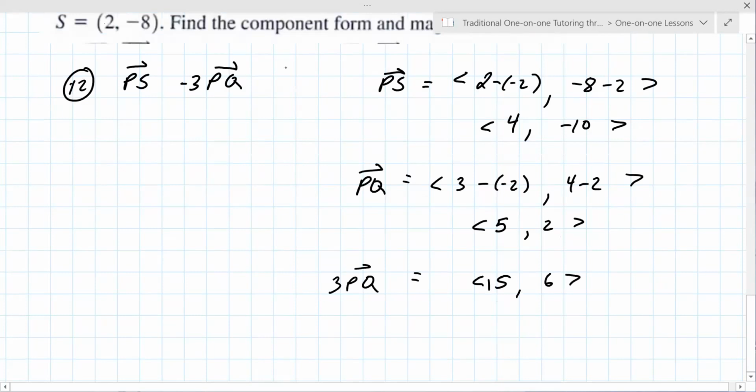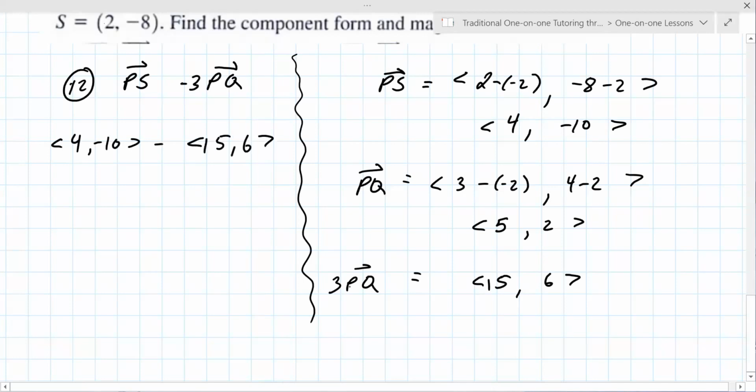So when you do this operation over here on the left, where you're subtracting them, you subtract the X's and you subtract the Y's. So we're taking 4, comma, minus 10, and we're subtracting 15, comma, 6 because I've already accounted for the 3 in front. So it's 4 minus 15, comma, minus 10 minus 6.